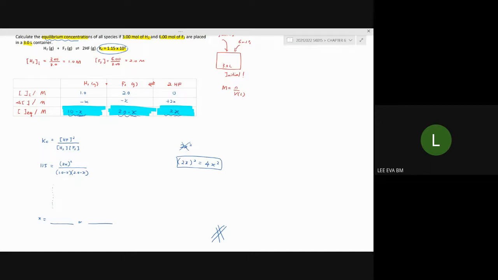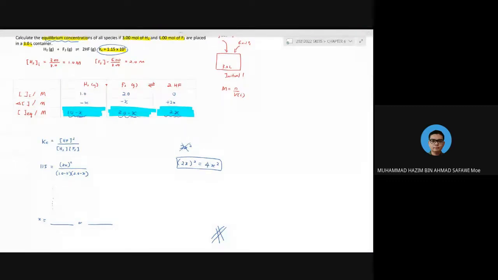Madam akan inform nantilah. So, in the next lesson, I want to see your answer for concentrations of species HF, H2 and F2. For this Thursday, you're not sure what we're going to do yet. Madam akan update ya.